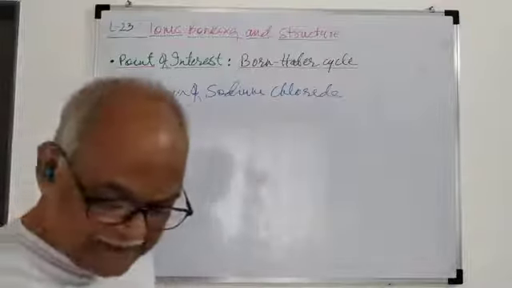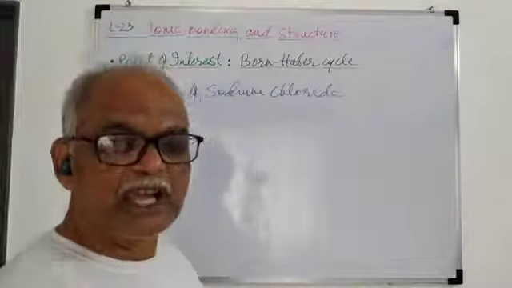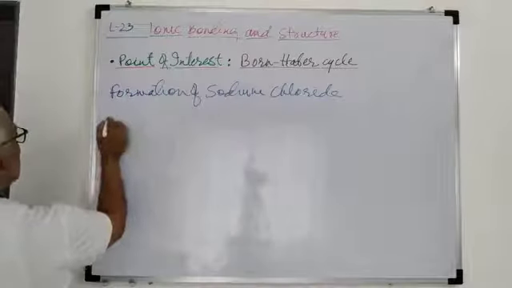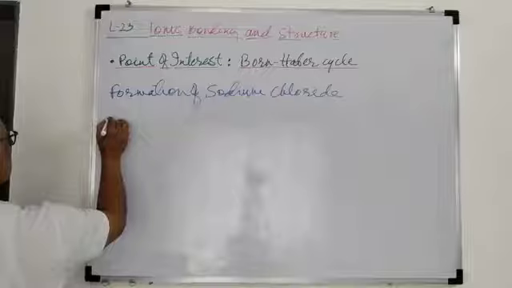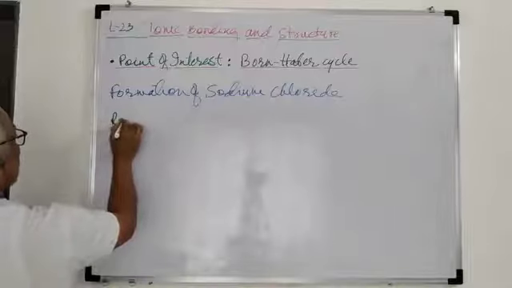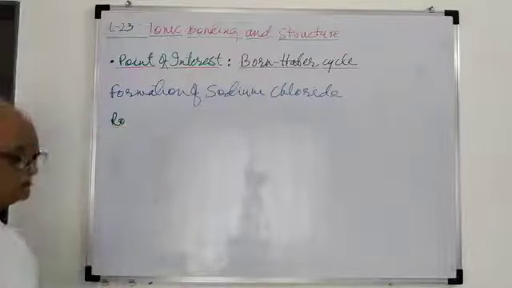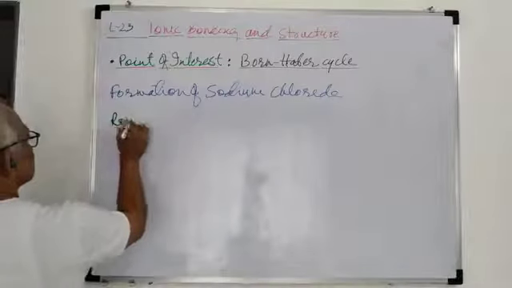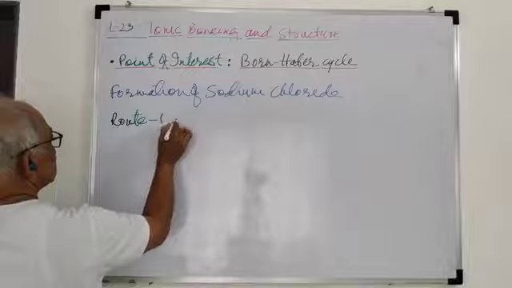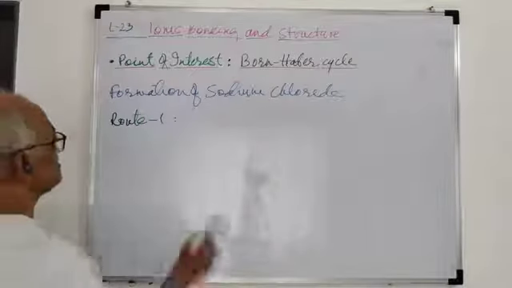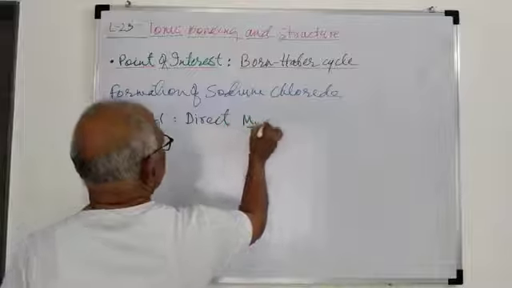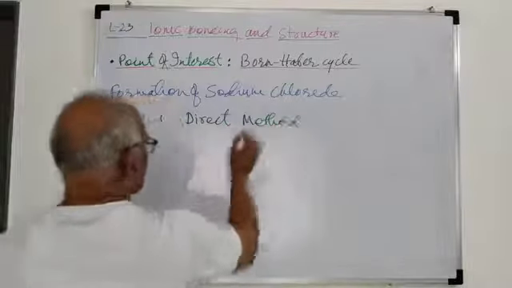So this process, according to Hess's law, can be carried out in two ways. We will see here route 1 or method 1. Route 1 is the direct method of formation.